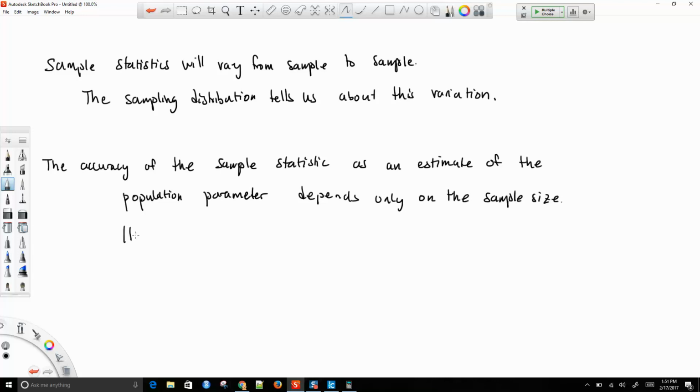Okay, it does not depend on the relative size between the sample and the population.